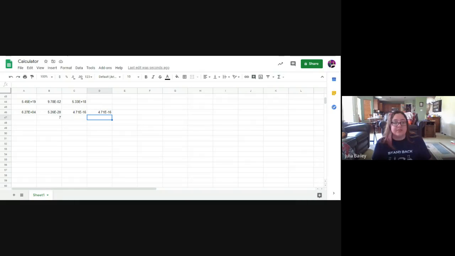If you were not using the E and you were typing it like 6.27 times 10 to the 4th power times 5.26 times 10 to the negative, like if you were typing it all out like that and you ended up dividing by scientific notation, then it would be a problem if you did not use parentheses. But if you're using the E, you don't have to worry about parentheses. That's my point.